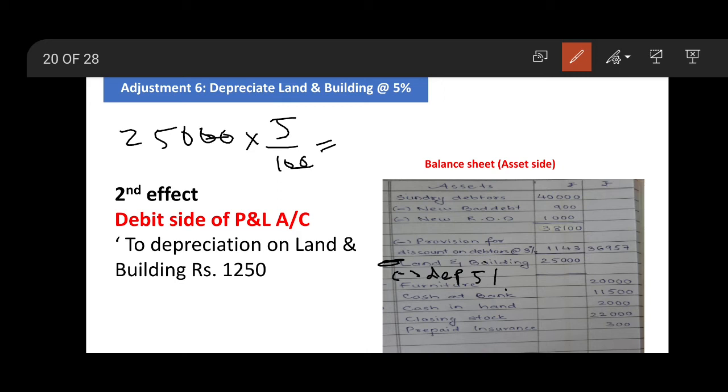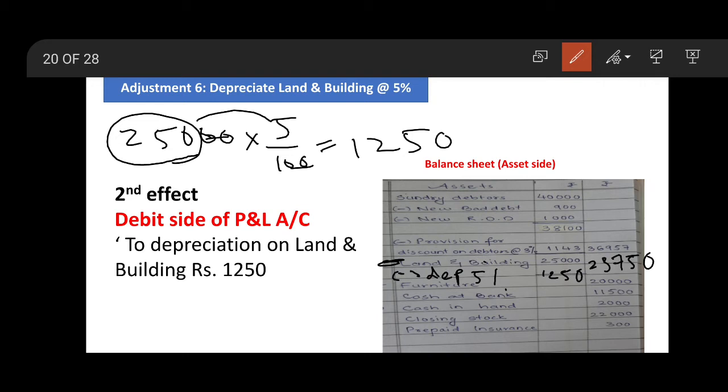Cancel these two zeros. 250 into 5, how much will you get? You will get 1250 as an answer. 1250 is your depreciation. So write here in front 1250 in the inner column. 25,000 less 1250, you will get 23,750.